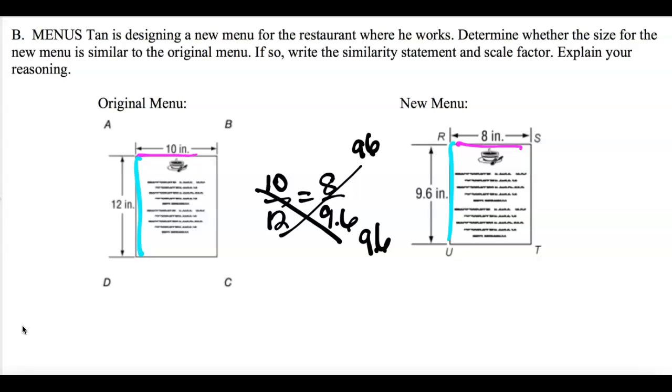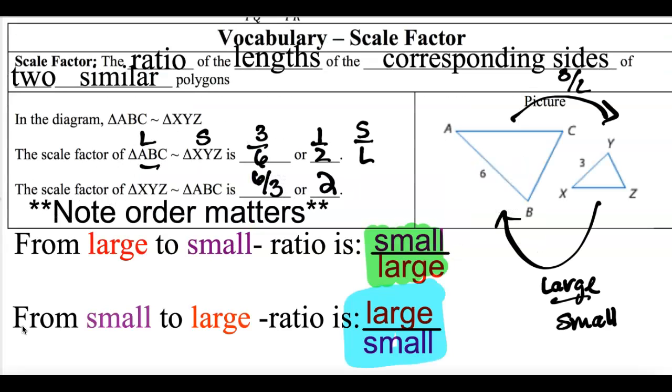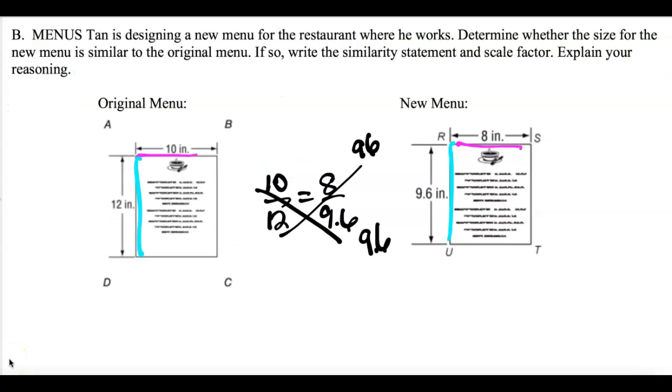And so to get my scale factor, remember if we go back here, we're going from a smaller figure to a larger figure, which means we need this ratio right here, large over small. So if we look at our situation here, a large side over a small side, let's just take the 10 and put that over 8, and we can reduce that and get 5/4.